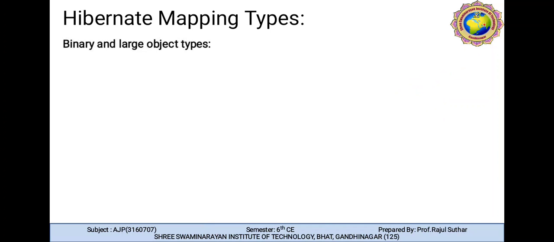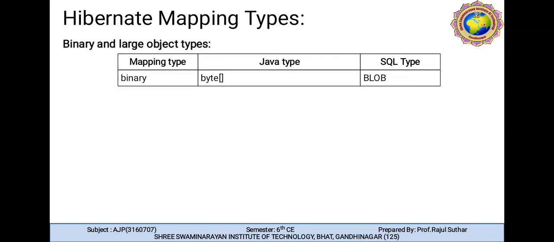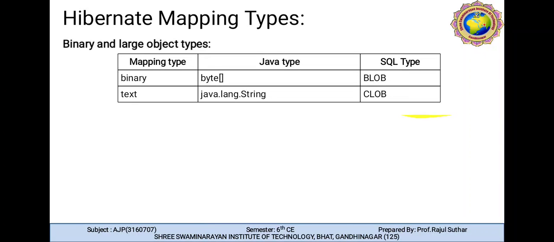Now binary and large object types. So what do we mean by binary object and large object? In the binary large object, we can store values like variable binary in SQL. So it is called the binary large object, BLOB, in SQL. We can store text in a Java data type by using java.lang.String.